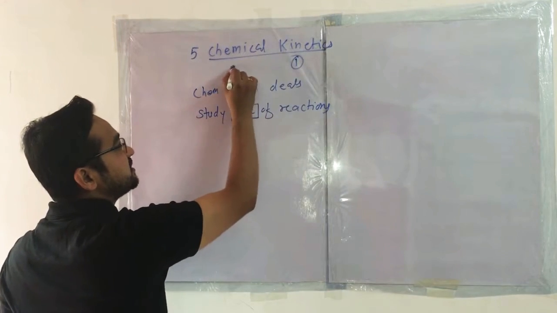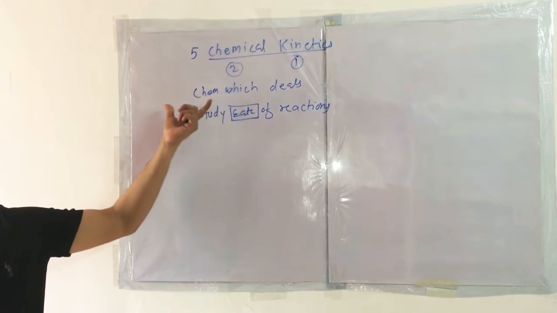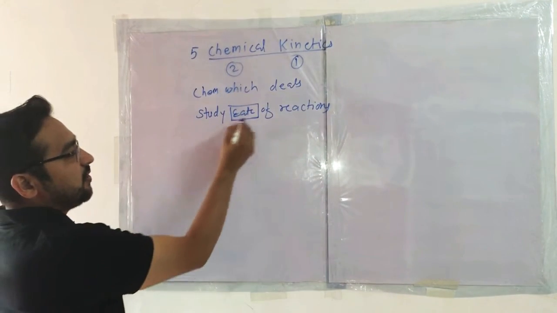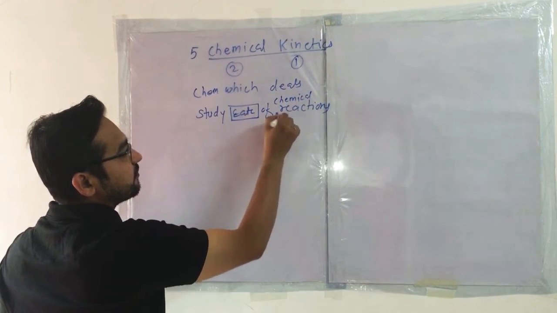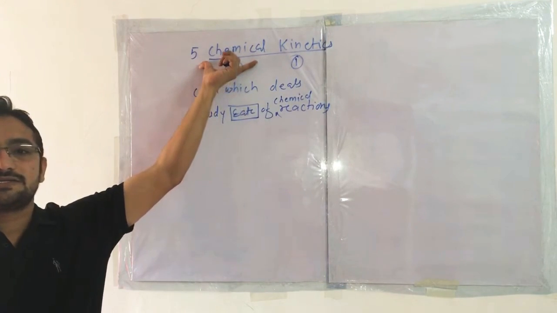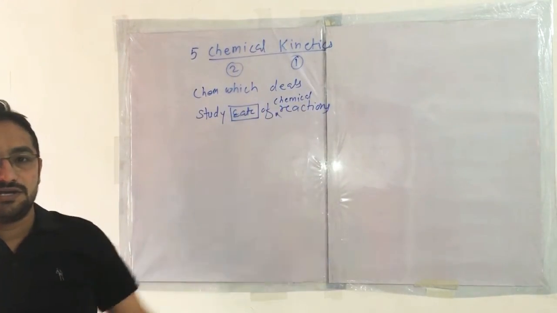This is your first word, this is your second word. So chemical kinetics: the simple definition is that it is a study of the rate of chemical reaction.